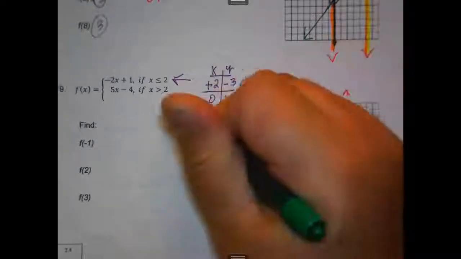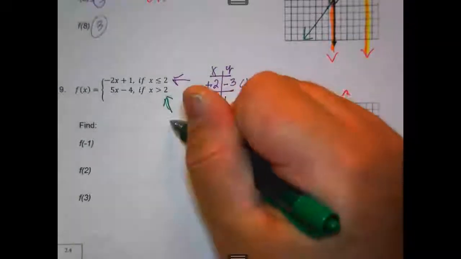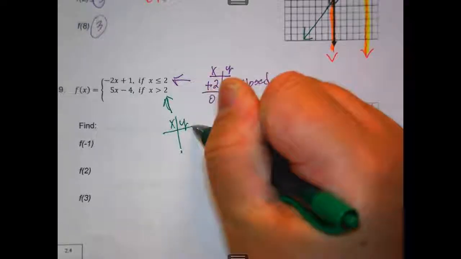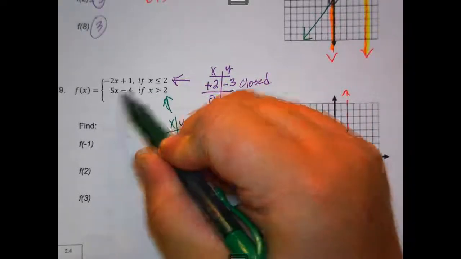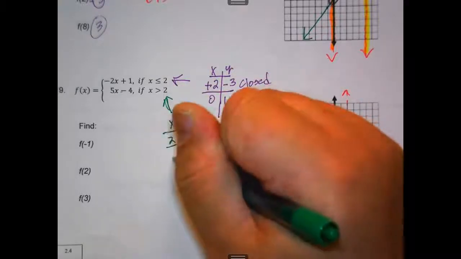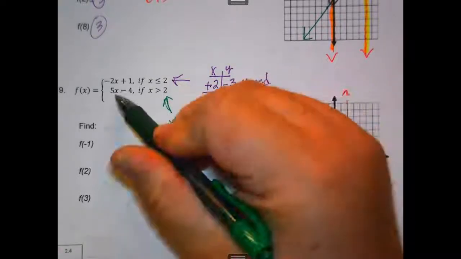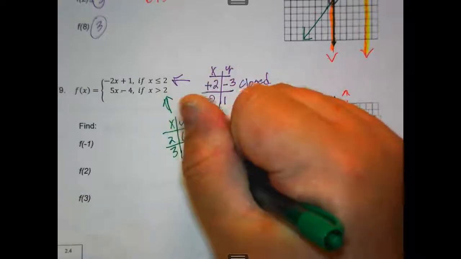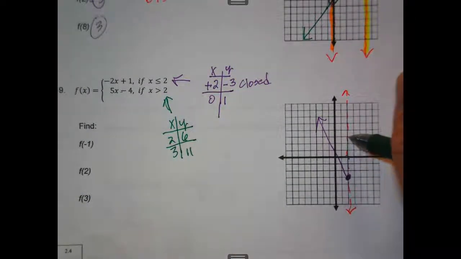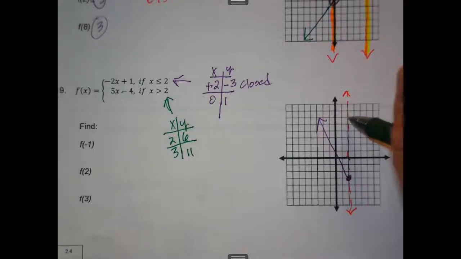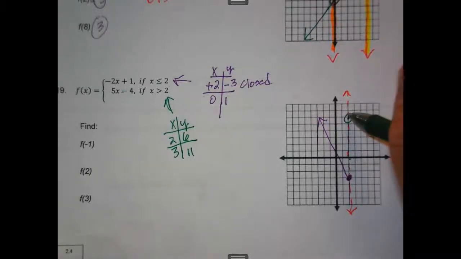My other t-chart. Must use 2. 2 times 5 is 10. 10 minus 4 is 6. I'm going to use 3. 3 times 5 is 15. 15 minus 4 is 11. So I have 2, 6. That's an open circle.